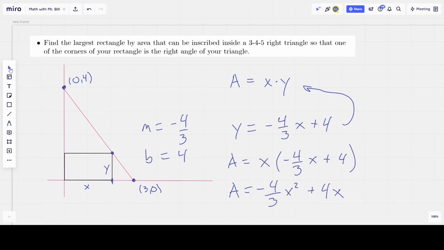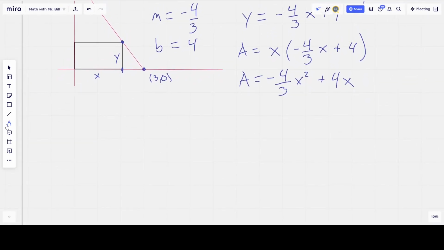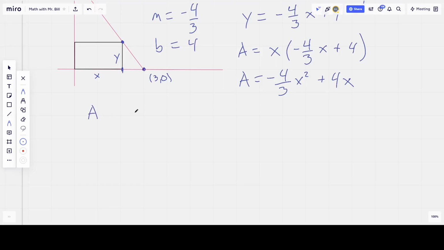So if I want to find the maximum area, I need to find the derivative, the critical point for this area. I'm going to take the derivative and set it equal to 0, and then test the extent of my x value, how far to the left and how far to the right it can go, to find the absolute max. So A prime, using the power rule, is negative 8/3 x plus 4.